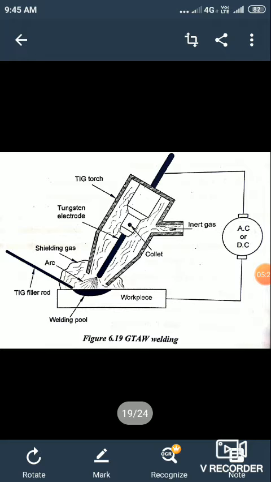It is slower in operation than consumable electrode gas metal arc welding. It emits brighter UV rays compared to other welding, which is very harmful to the eyes. The transfer of molten tungsten from the electrode to the weld causes contamination.